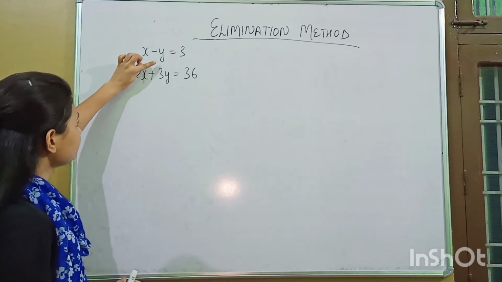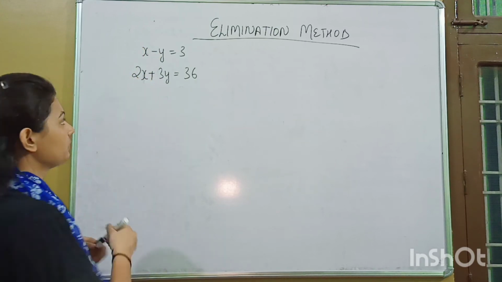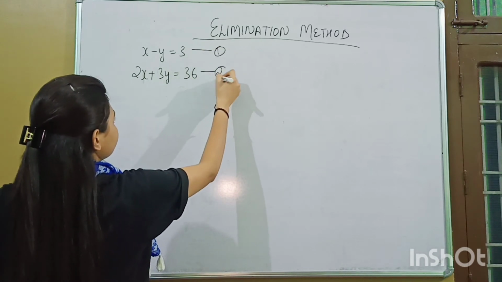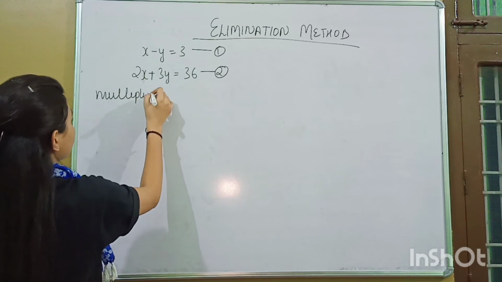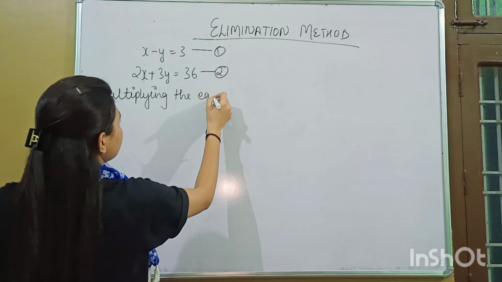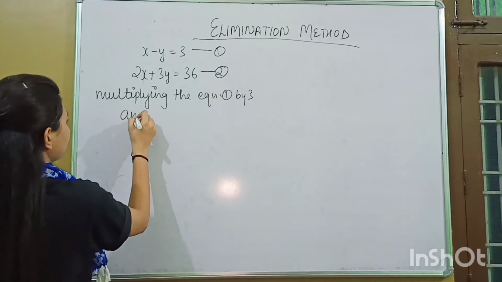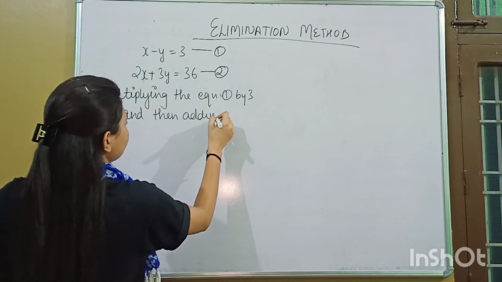So here for making the coefficient of y 3 only, what we will do, we will multiply equation 1 by 3 and then add equation 2 to it.